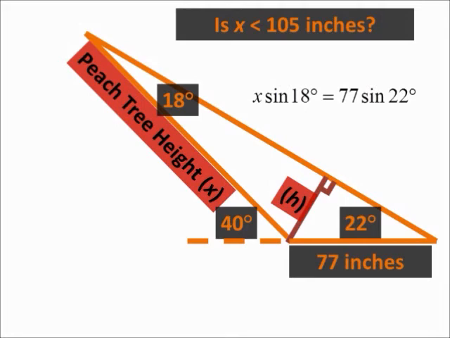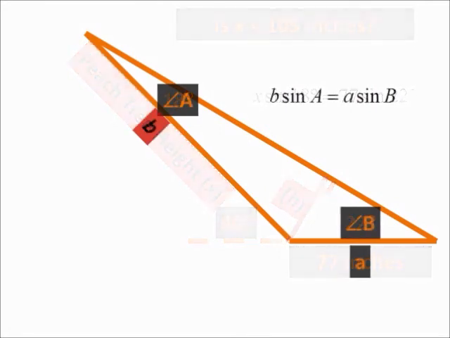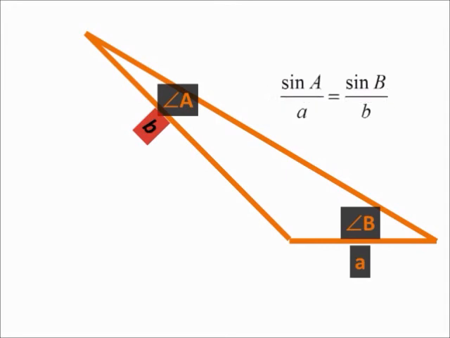Now we replace that 77 with little a and 18 degrees with angle A. We can also replace x with b and 22 degrees with angle B. Once I magically replace those, I get the equation b times sine of A is equal to a times sine of B. This is one way you might see the law of sines, but more commonly we see it in this format, where you have side of the angle divided by the side opposite is equal to sine of another angle divided by its side opposite, where sine A over a is equal to sine B over b. And that, ladies and gentlemen, is the wonderful law of sines.